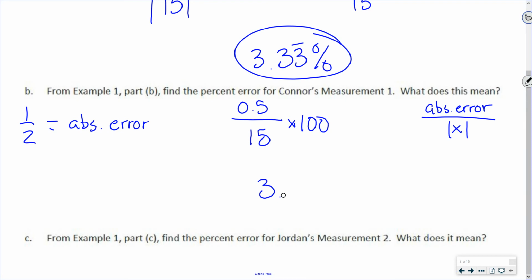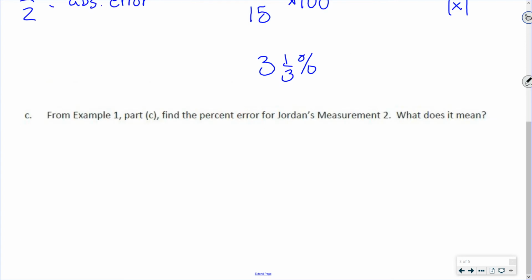Let's do this one as a fraction for you, 3 1/3%. That was his error, 3 1/3%. All right, this means that Connor's measurement of 15 4/8 of an inch has an error that is 3 1/3% of the actual value.